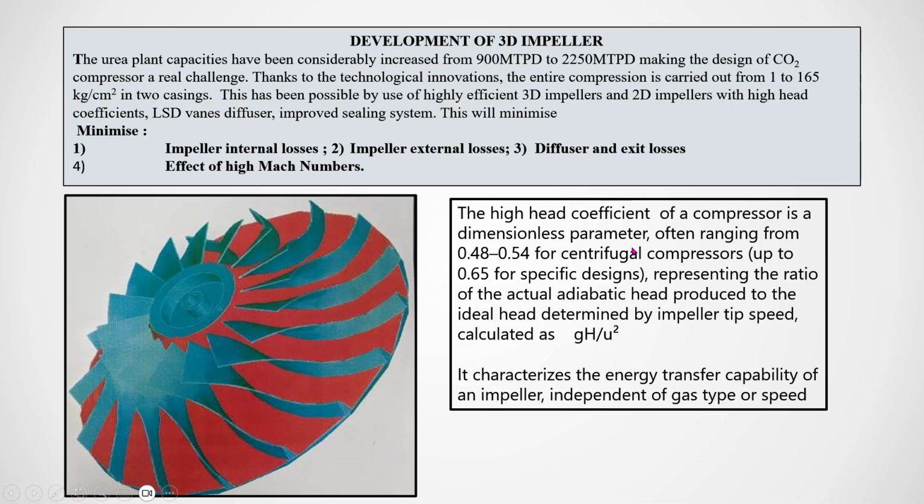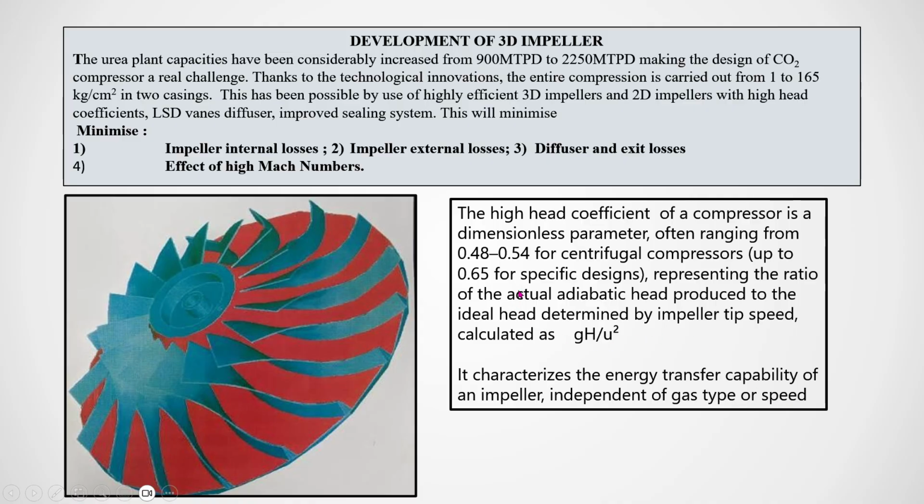High head coefficient is a dimensionless value: polytropic head divided by peripheral velocity squared. This value should be between 0.48 and 0.54. If you keep it in this range, the losses are reduced. It characterizes the energy transfer capability of an impeller, and is independent of gas type and speed.